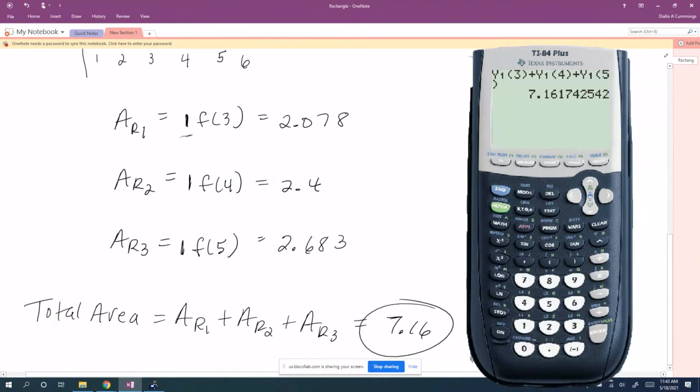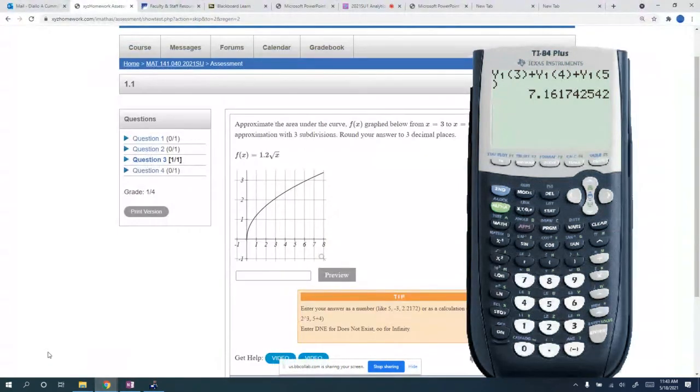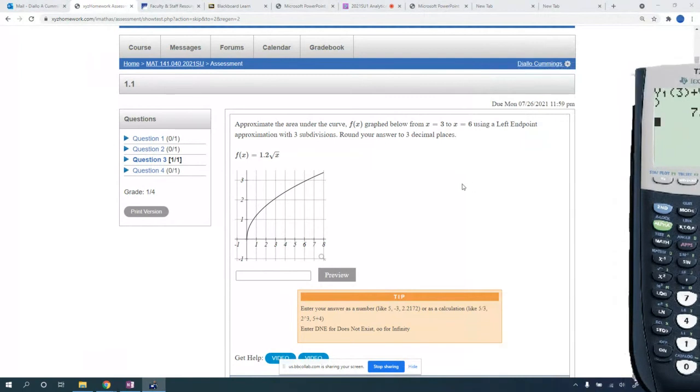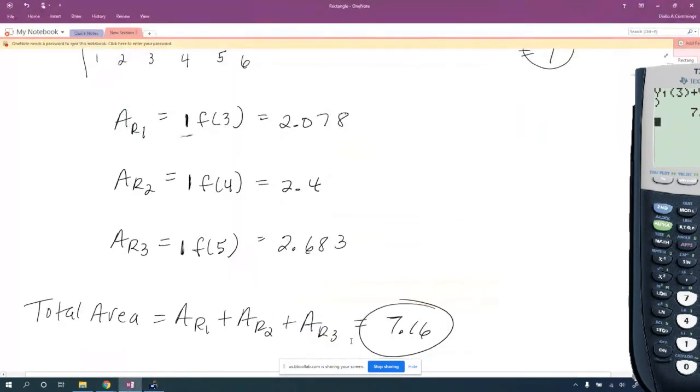Now, since this is area, it's in square units. I don't think you have to put units in, but I just want you to keep in mind, so this would be unit squared, whatever our units are.